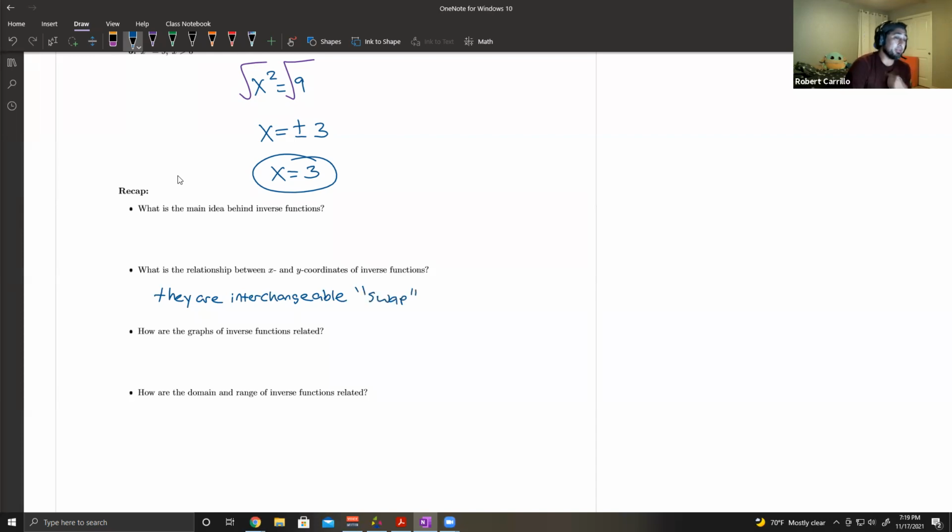And how are the graphs of inverse functions related? Well, we saw that they are symmetric. Okay. And how are the domain and range of inverse functions related? Well, again, your domain and range are also interchangeable.